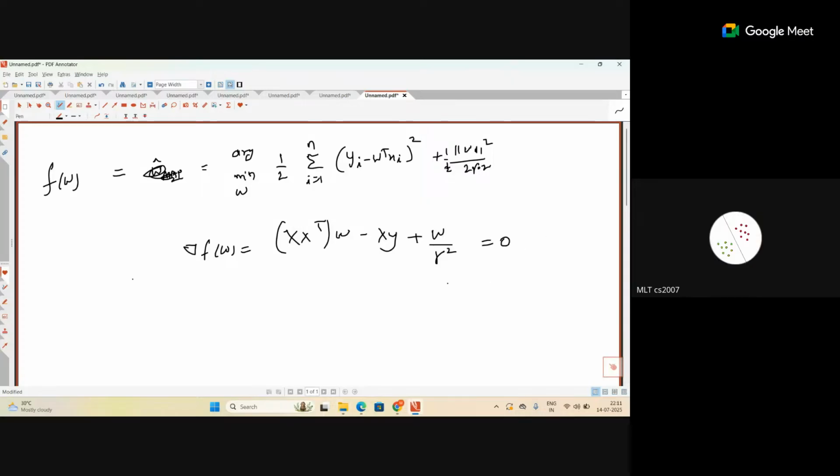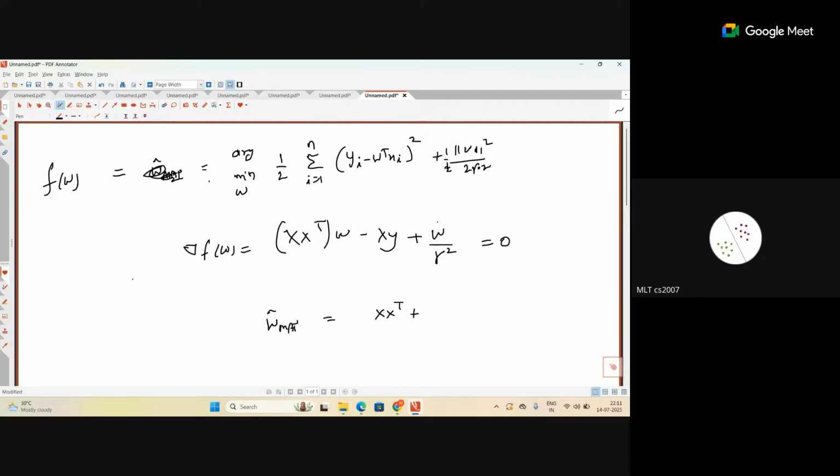We are equating it to 0, and whatever estimator we get, that is called the MAP estimator. That is equal to x x transpose plus, what will happen now? You tell me.